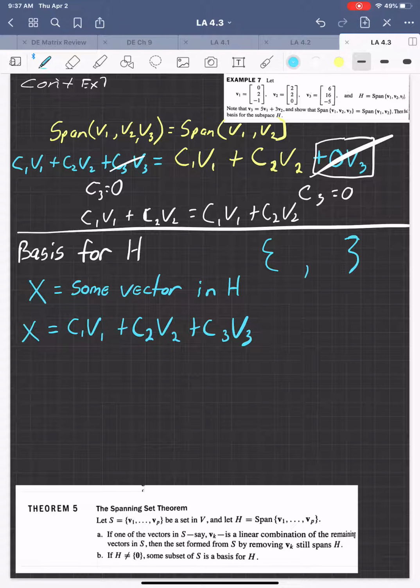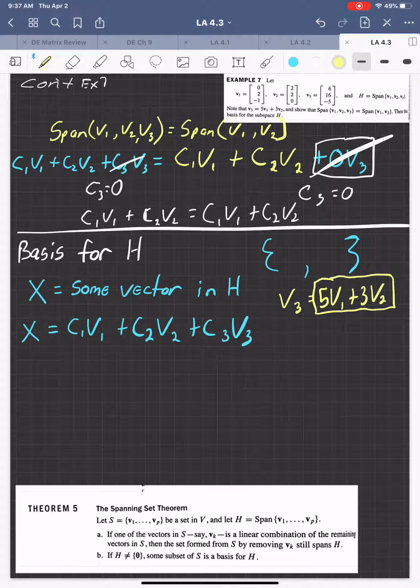Now, the caveat here is right there in example 7, it says v sub 3 is equal to 5 v sub 1 plus 3 v sub 2. So how am I going to find a basis? Here's what I'm about to do.